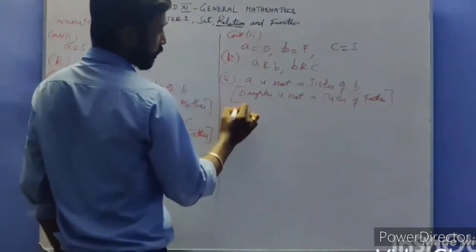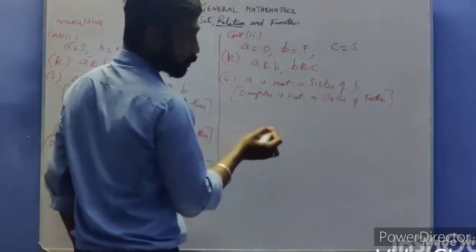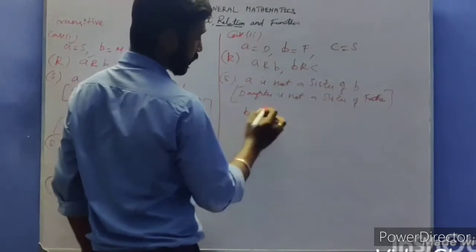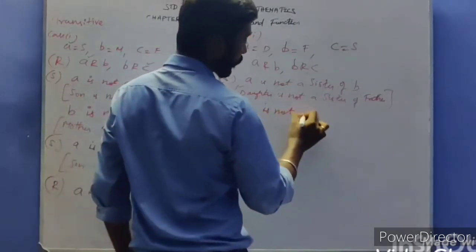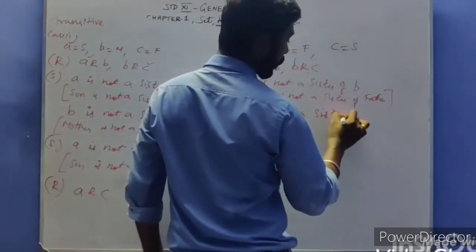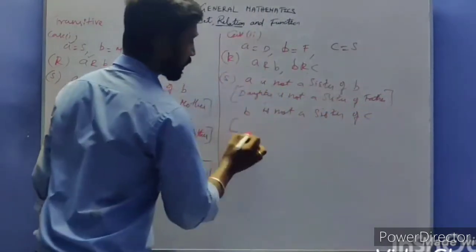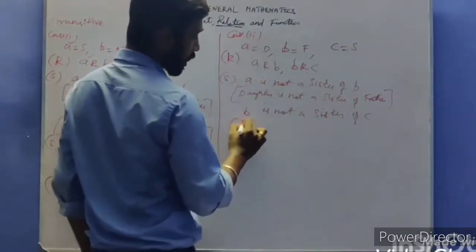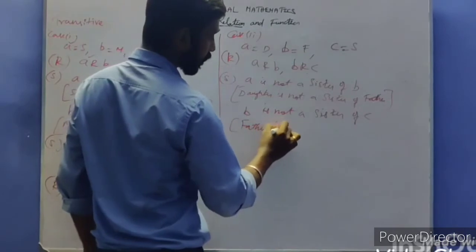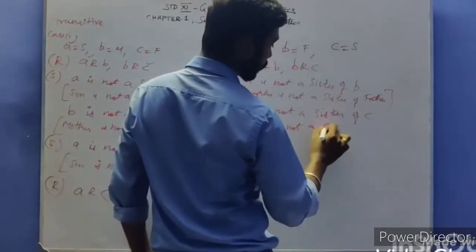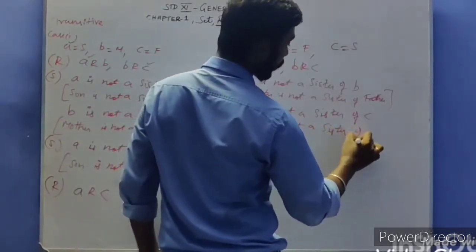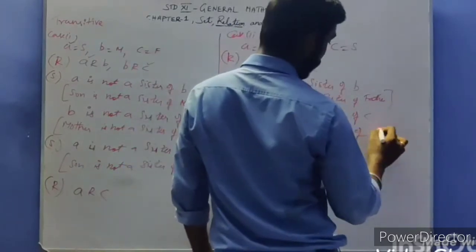Then the next statement, B is related to C. B is not a sister of C. That means, what is the name for B here? Father is not a sister of son.